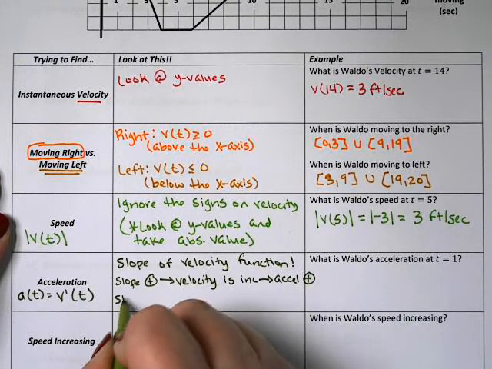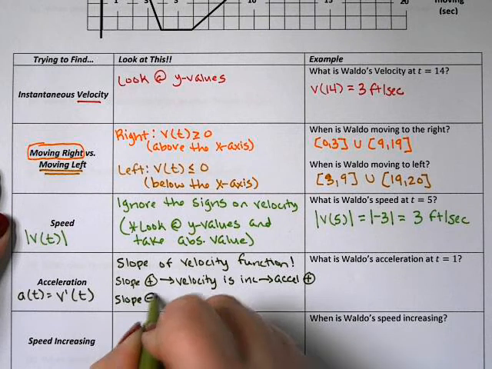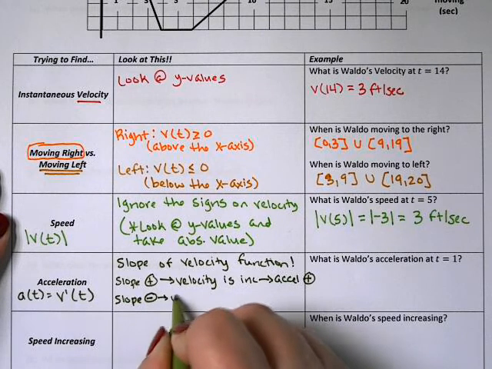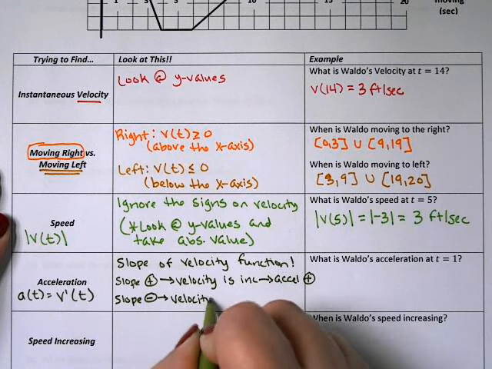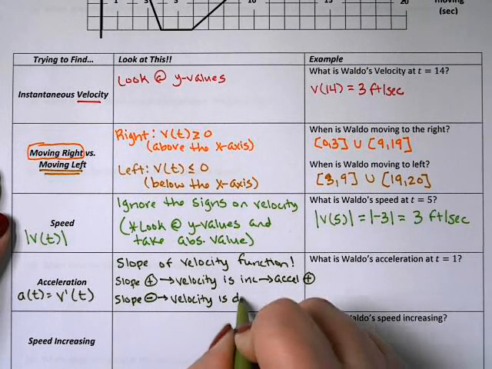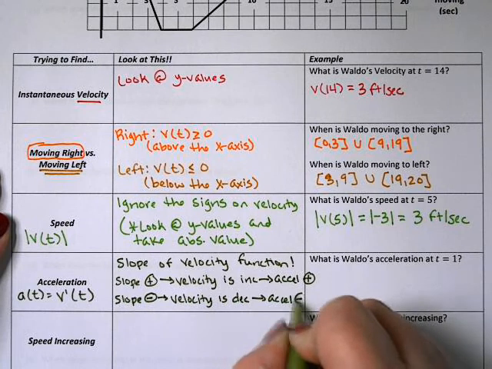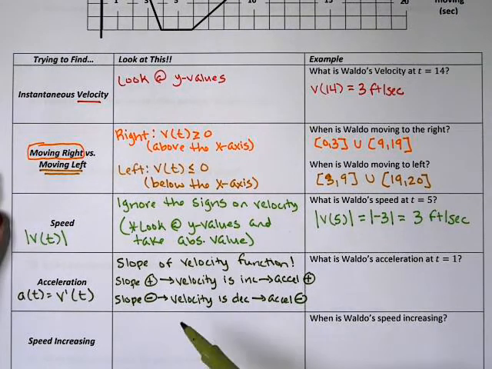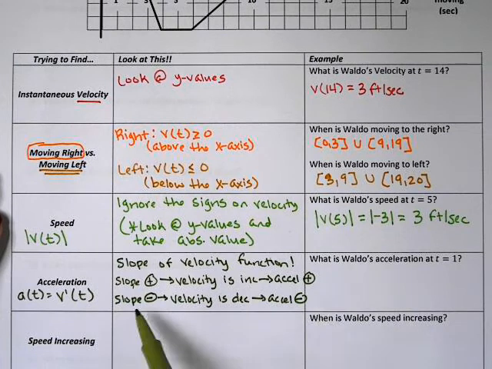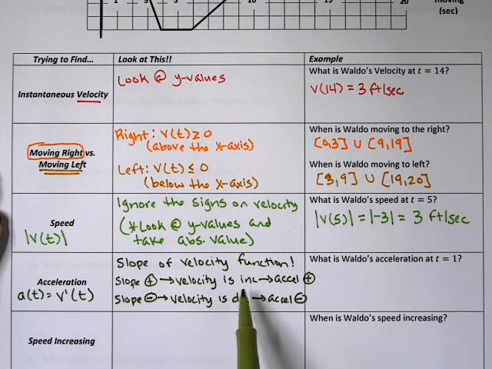If we can see that the slope is negative, which means that the velocity is decreasing, then we can say that the acceleration is negative. So positive slope means acceleration is positive, negative slope means acceleration is negative. But really what I want to get at here is that if it's a positive slope on the velocity graph, it means the velocity is increasing. That's an important distinction that we're going to make throughout this unit.